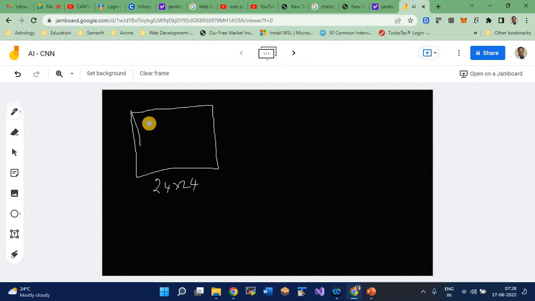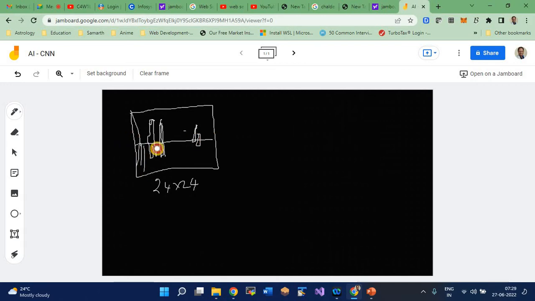Some image is there, some people are standing here, somebody is here, and some distant people are standing here, and there is a railing here.